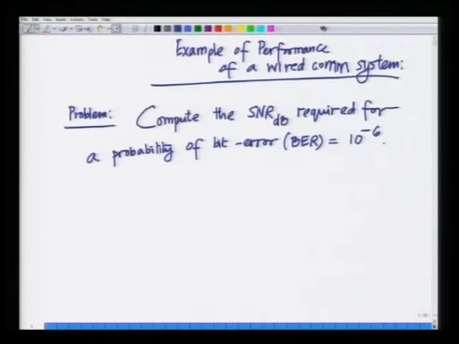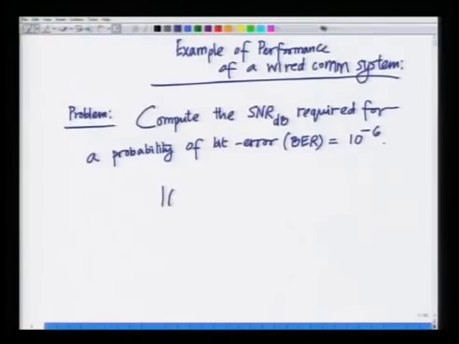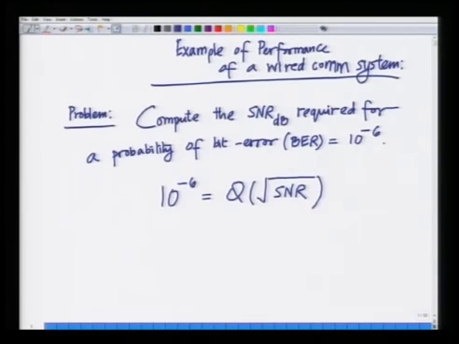And we can solve this problem using the approach that we followed previously, which is, if the bit error rate is 10 power minus 6, the bit error rate is given as a function of SNR as Q of square root of SNR, which means the square root of SNR required equals Q inverse of 10 power minus 6.